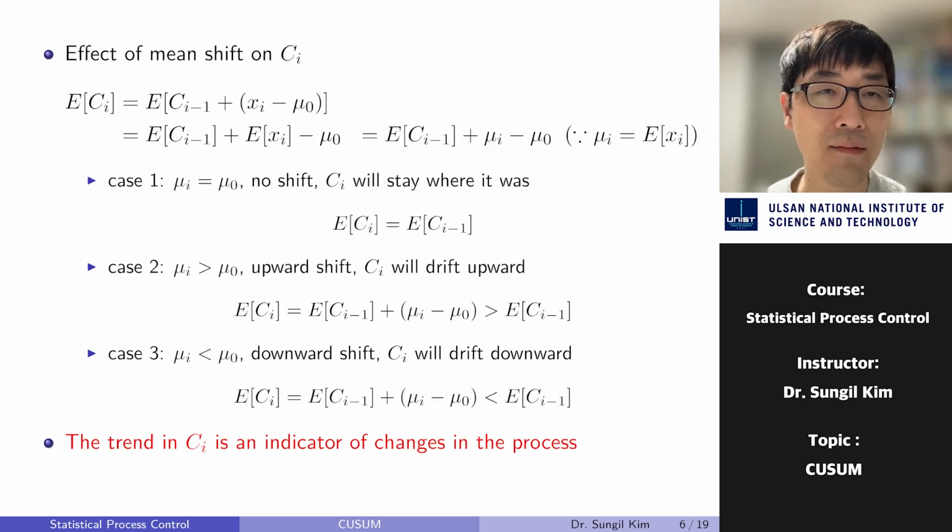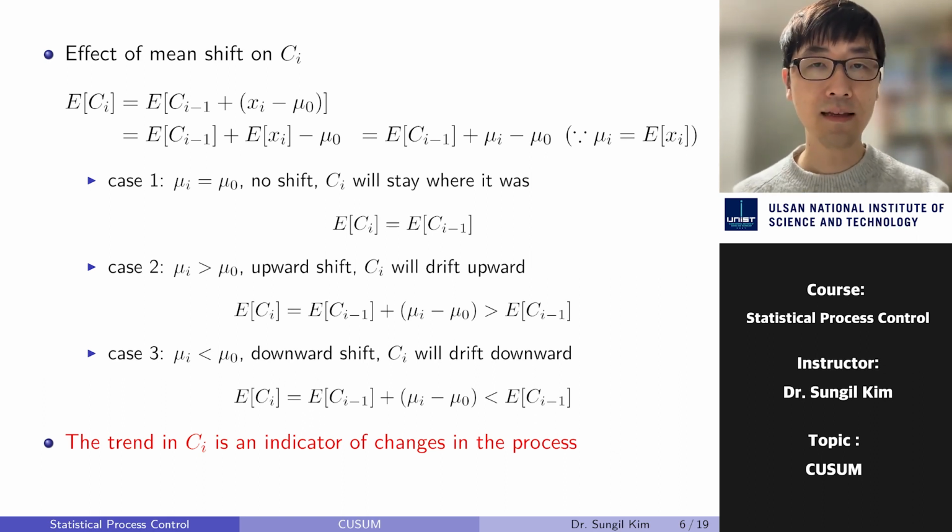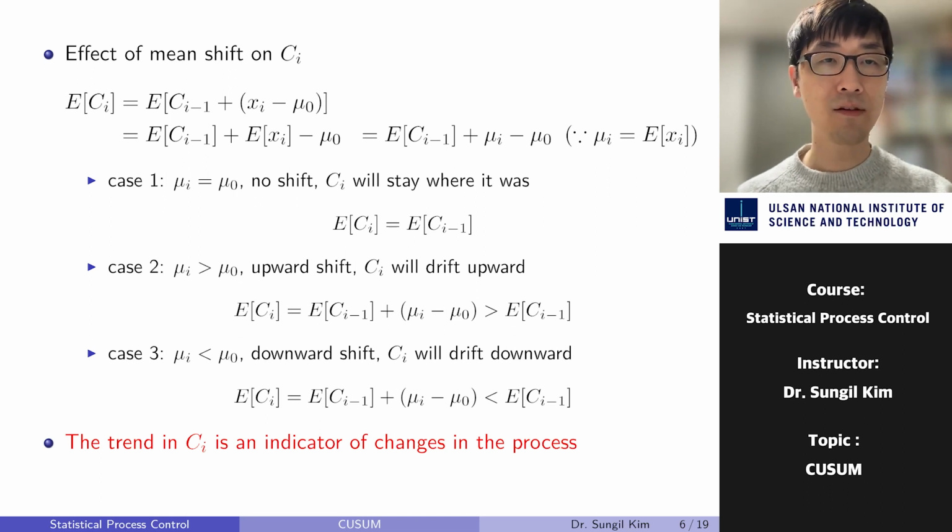Then we can think of three cases about the effect of mean shift on Ci, based on the fact that the expected value of Ci equals the sum of the expected value of Ci minus 1 and the expected value of Xi, which is mu i minus mu0. The first case is mu i equals mu0, which indicates no shift, and Ci will stay where it was.